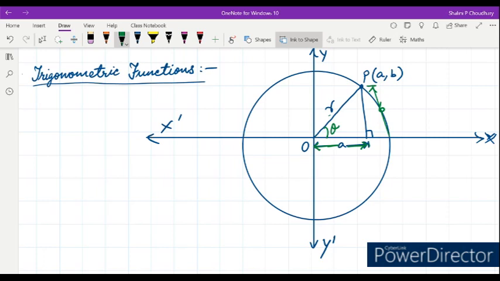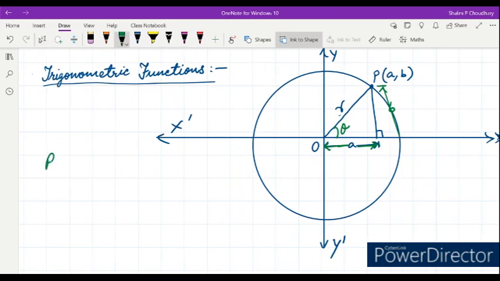See, as we all know, by Pythagoras theorem, hypotenuse square is equal to perpendicular square plus base square. And what is hypotenuse?